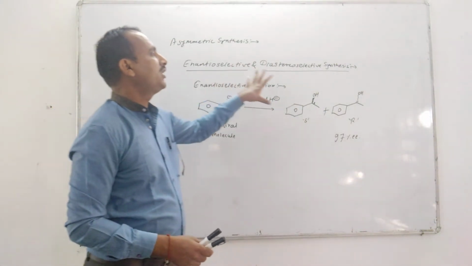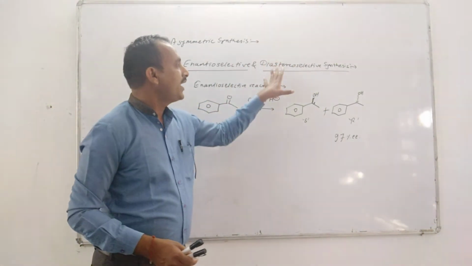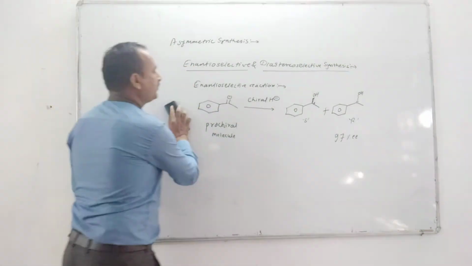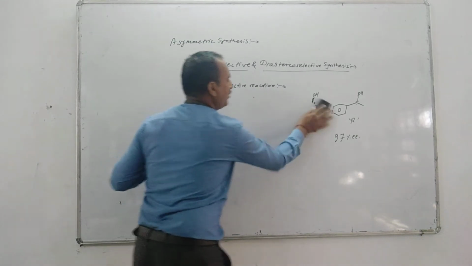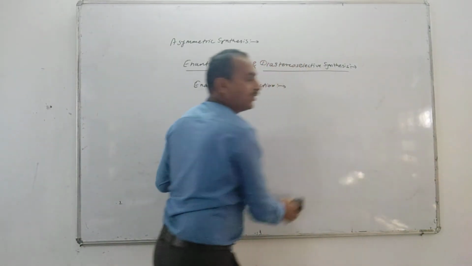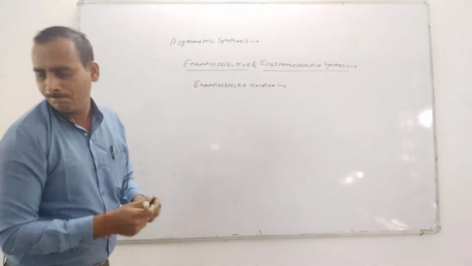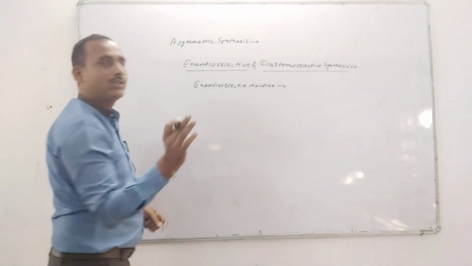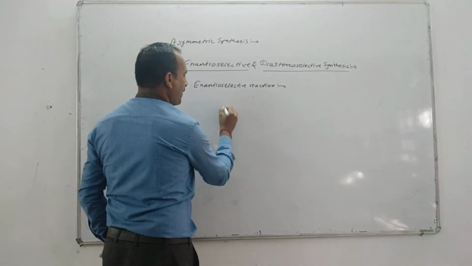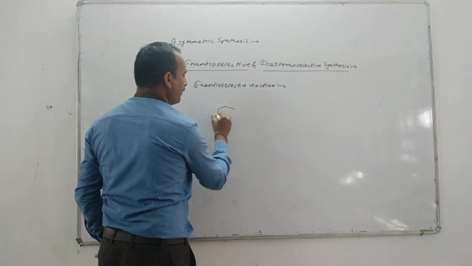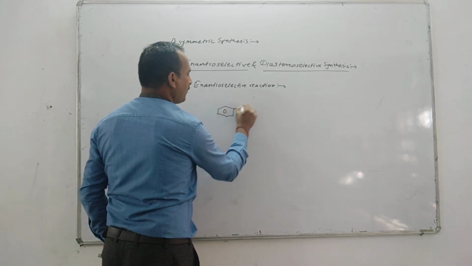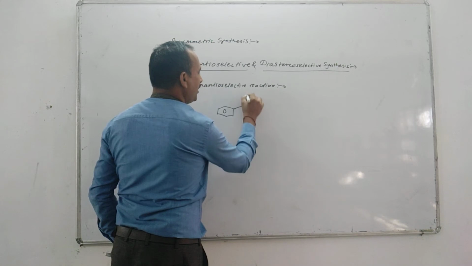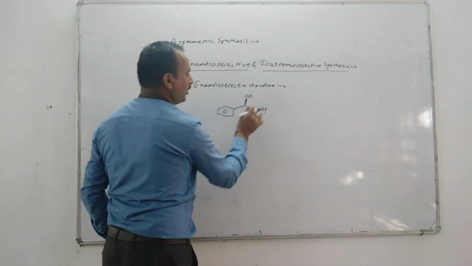Next, diastereoselective synthesis. Let's take an example of an aldehyde and alcohol.